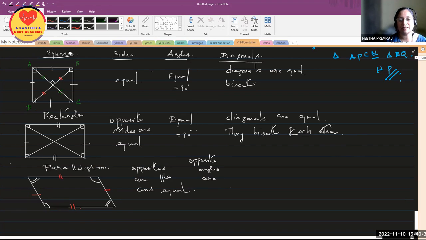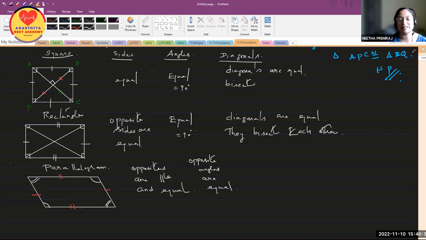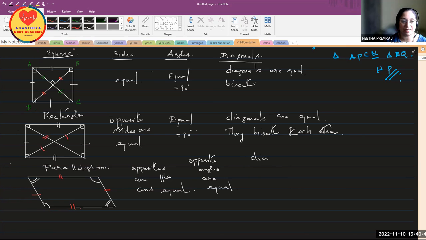What about the diagonals? Are they equal? Diagonals are not equal, but do they bisect? Yes, they bisect each other. In a rectangle they bisect. In a parallelogram also, the diagonals bisect each other, but they are not equal.